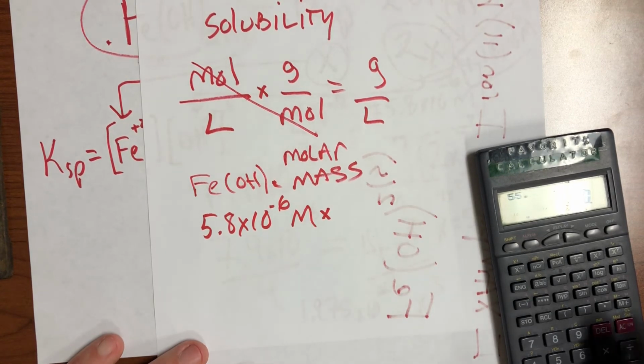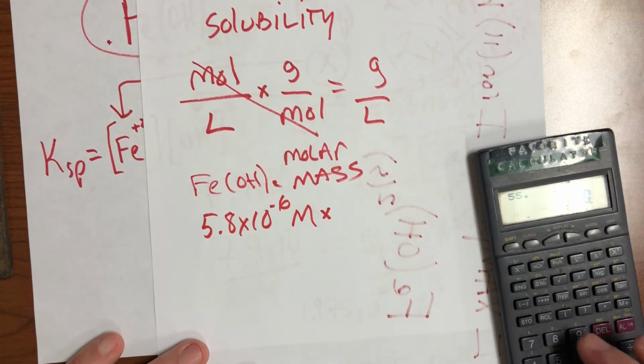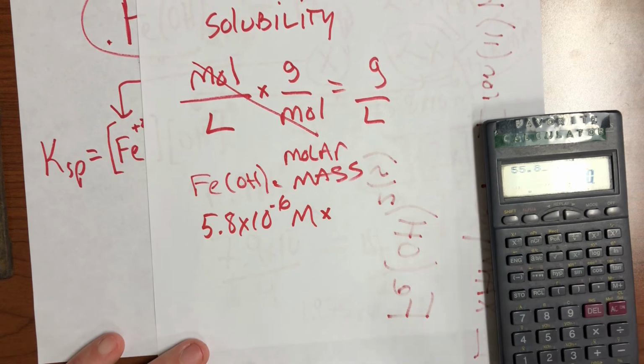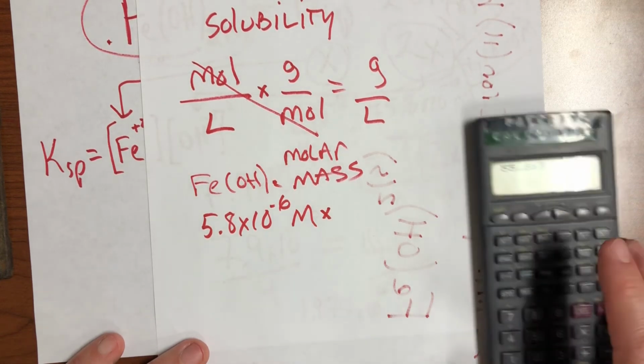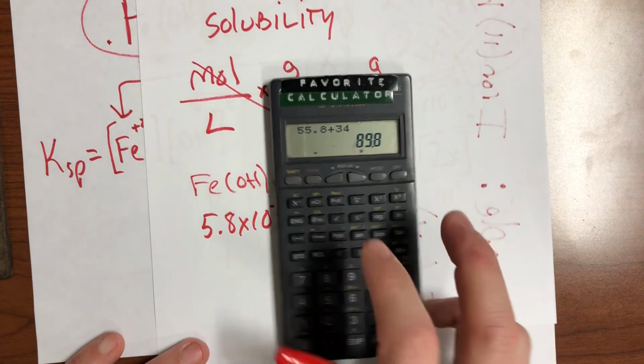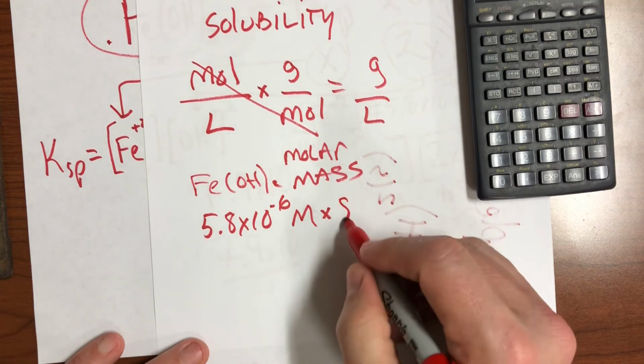Oh goodness, I forgot to work this out before. I hope iron has a molar mass of 55.8, plus 34 for the hydroxides. That's 17 and 17, so 89.8.